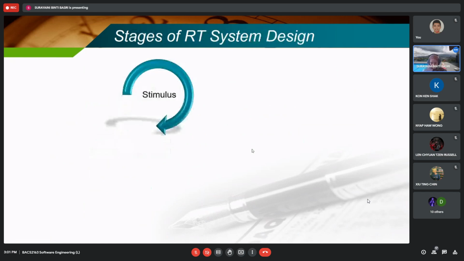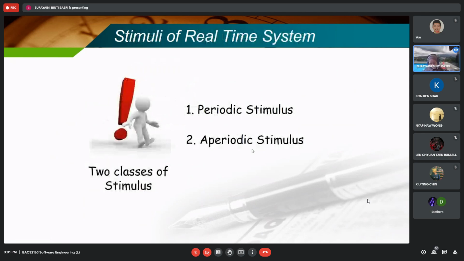Okay, so the periodic stimulus is a stimulus that will occur at predictable time intervals. For this periodic stimulus, it will be triggered by some time interval.